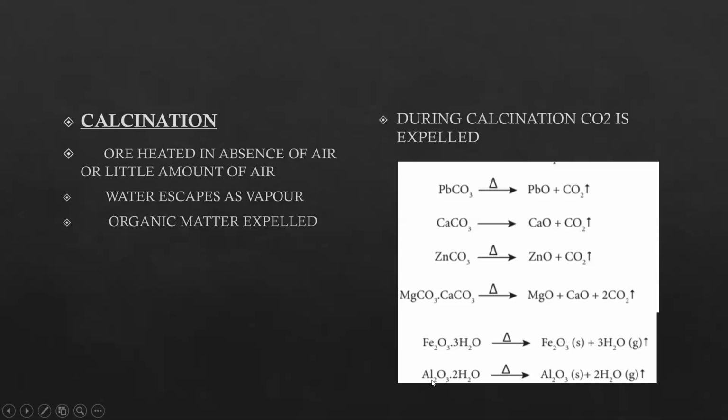The next example, while heating aluminum oxide hydrate, the water goes out in the form of vapor, so we get aluminum oxide here. So in the calcination process, CO2 is expelled out.